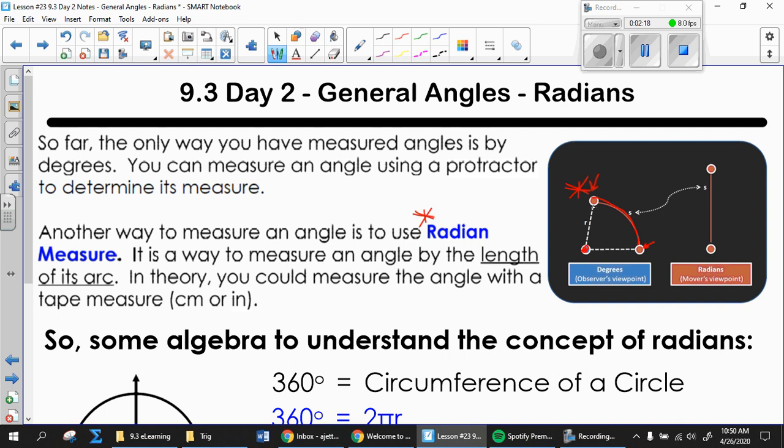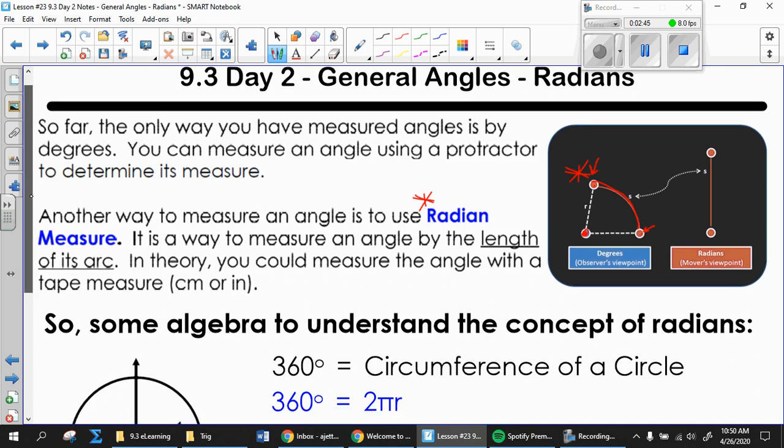That distance that I would walk is this angle in radians. A degree is how far open it is, measured with a protractor. Radians is literally a distance, how far it takes to get from one point, walking along this arc, to this point here. That's the difference between radians and degrees.